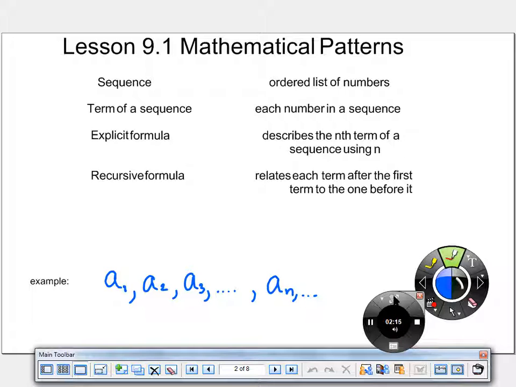When they use A sub n, either they just haven't told you which term they want you to look for or you're trying to solve it, or they're just kind of referring to a term in the list in general, okay? Either because you're going to solve where it is, or they're giving you a rule, which we'll see in a little bit. So is everybody okay with notation and the word sequence and term? Any questions about those ideas?